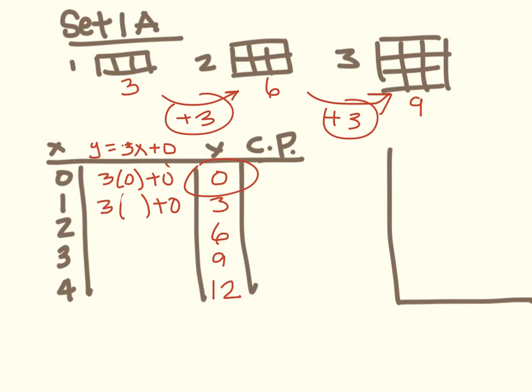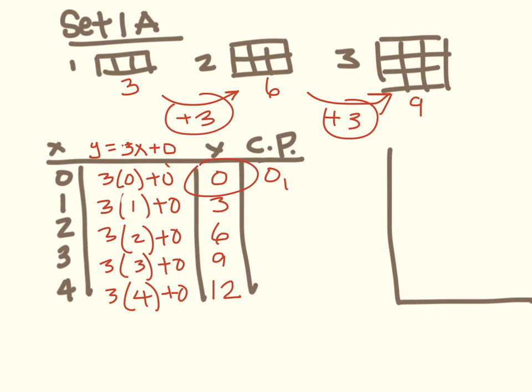So this was supposed to be a 1, wasn't it? Okay, 3 times 1 plus 0 is 3. This is 3 times 2 plus 0. 3 times 3 plus 0. 3 times 4 plus 0. There you go. That looks a little better.